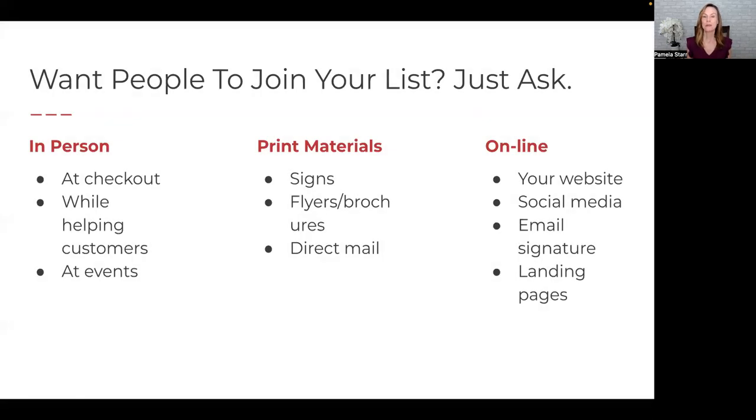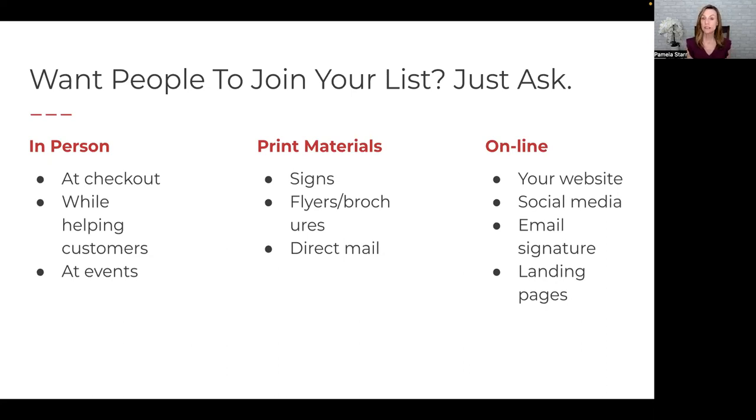So how do you get people to opt into these things? Whether it's your text list or your email list, if you want people to join your list, just ask them. And how and when you ask them depends on what type of business you have. If you see people face to face, perhaps you have a restaurant or retail store, when they check out, give them the opportunity to opt in to either your text or your email list, or both, whatever they prefer.